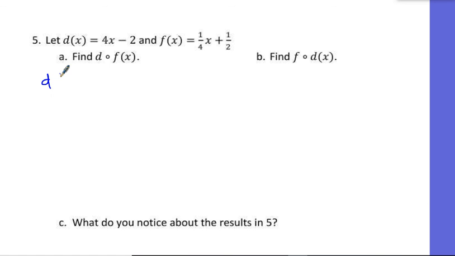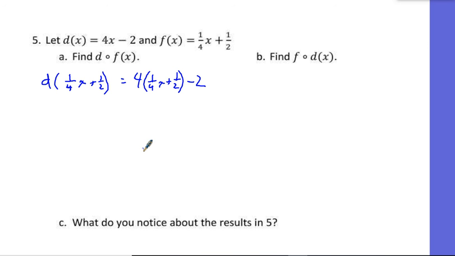So d of f of x, which was 1/4 x plus 1/2, and we take that whole function f and substitute it in for x in function d, which is what this notation will hopefully help you with. So 4 times the quantity 1/4 x plus 1/2 minus 2.